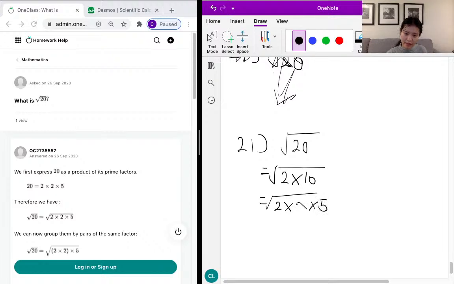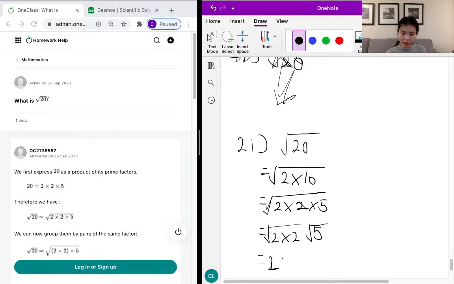That is the end of our prime factorization, because each number is a prime number: 2 is a prime number, and 5 is a prime number. So we have 20 equal to 2 times 2 times 5, and we have a pair of 2's that we can separate. 2 times 2 is 4, and the square root of 4 is 2.